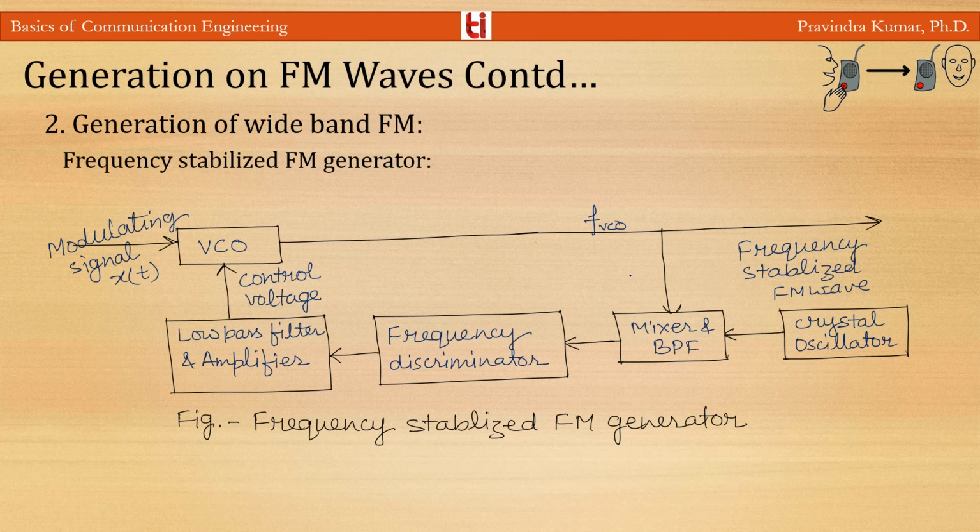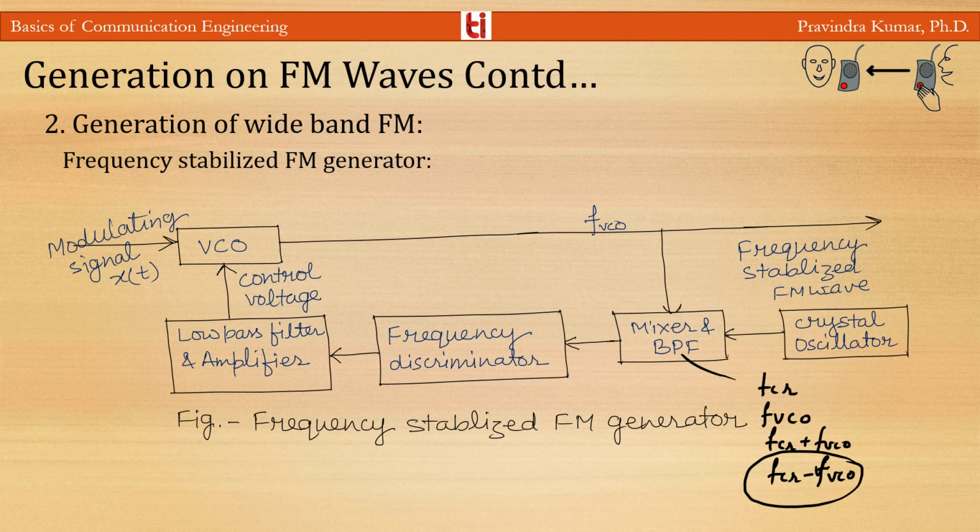At the mixer output we get four frequency components: FCR, FVCO, FCR plus FVCO, and FCR minus FVCO. Out of them, only the difference term FCR minus FVCO is extracted using a band pass filter after the mixer.